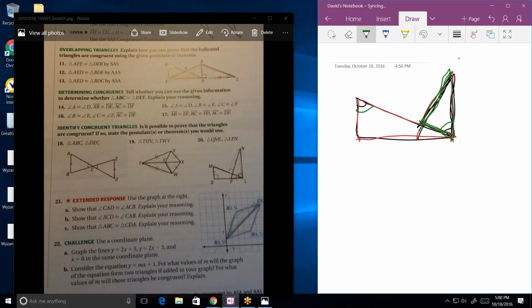And which means that this angle, oh, and this is a right angle. So this angle up here has to be the same as this angle down here. And now we have angle, angle, side to prove congruency.